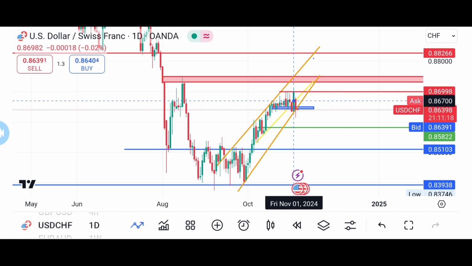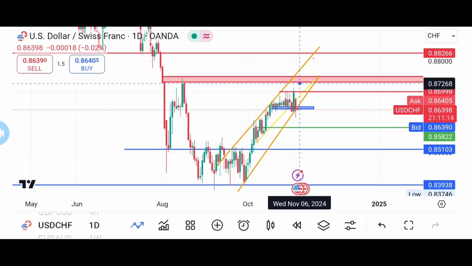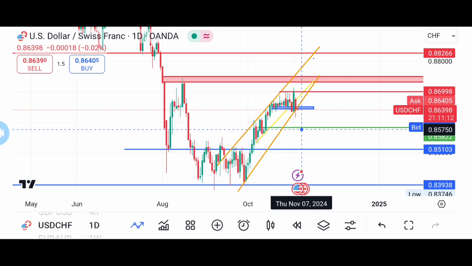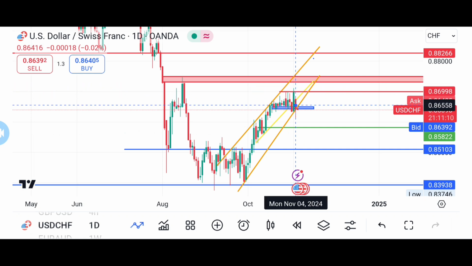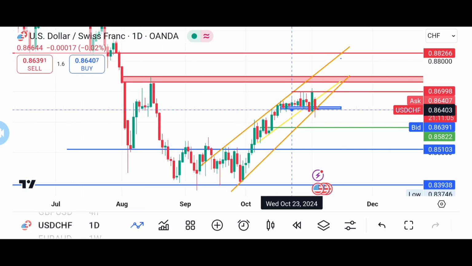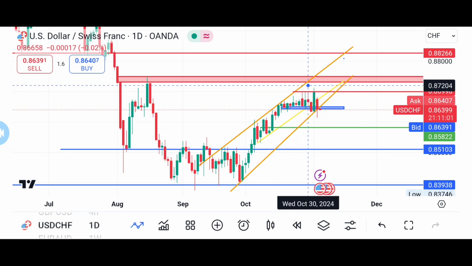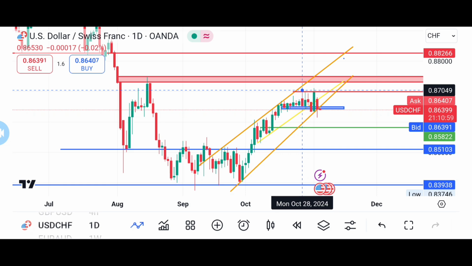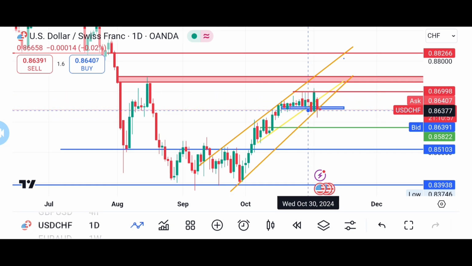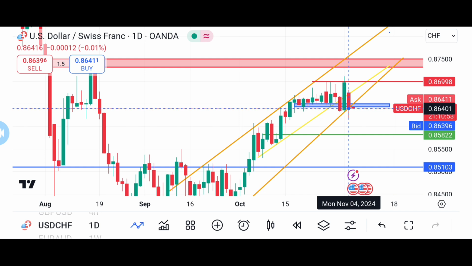So what do you think? Are we going to hit here first before we come down, or are we just going to drop? In daily, if you can see very well, we have been ranging. We are not going up, we are not going down. And yesterday, on Monday, we saw liquidity was grabbed here.